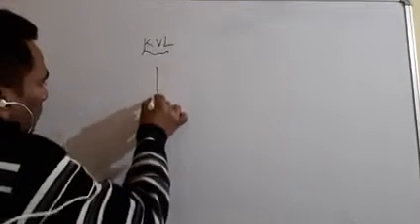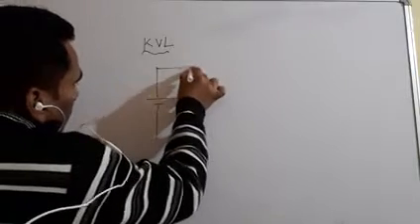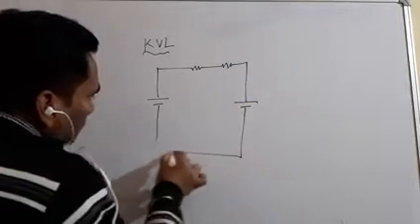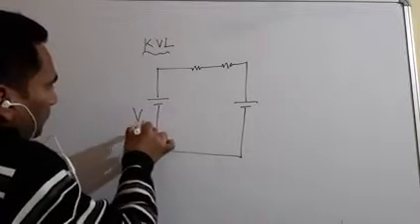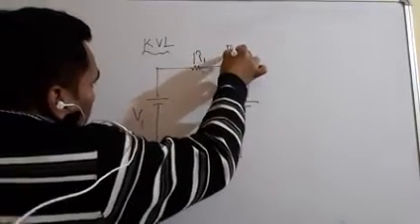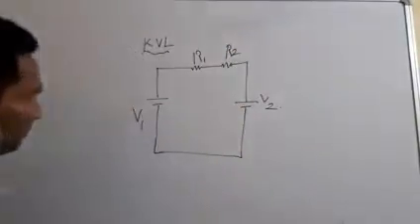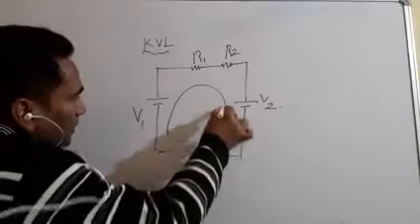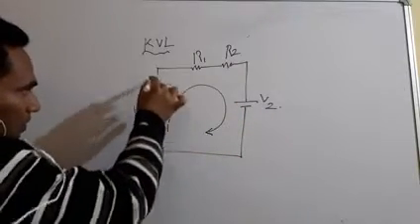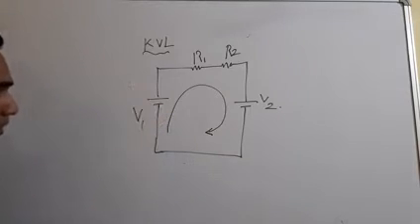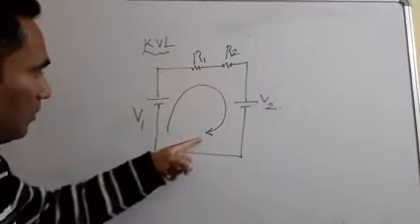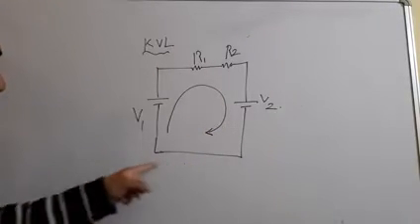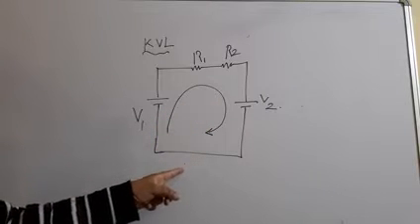Let us take an example. This is V1, this is R1, this is R2, and this one is V2. According to KVL, the sum of all voltages in this loop, which is obviously a closed loop, is equal to 0. I am going to write down the sum of voltages first, and thereafter we will equate it to 0.